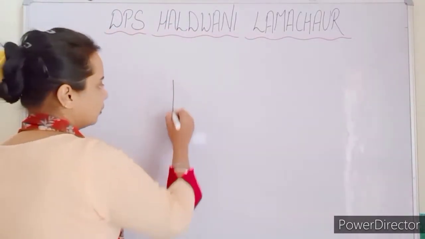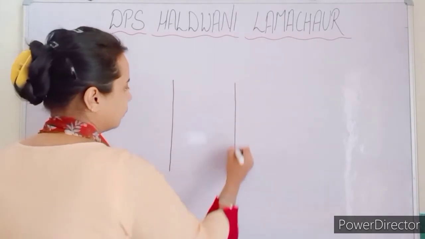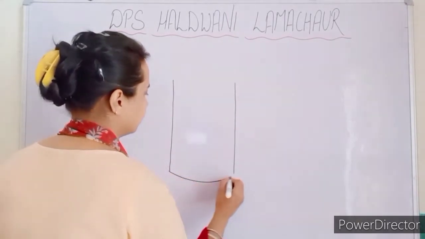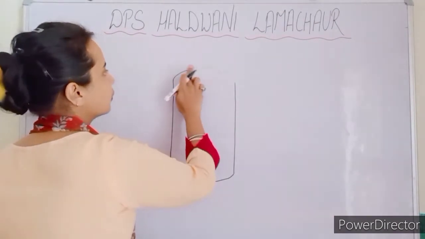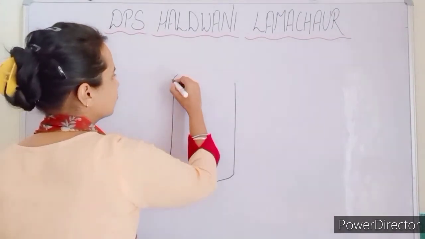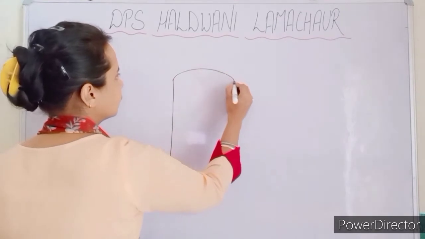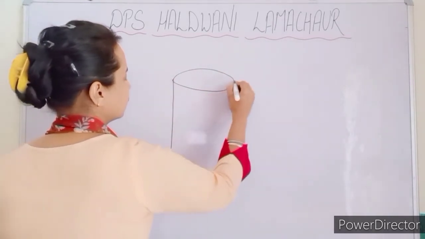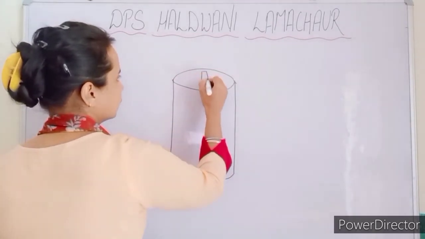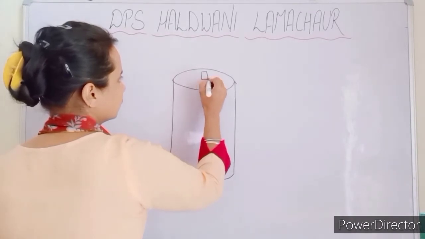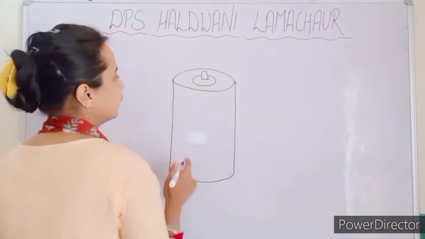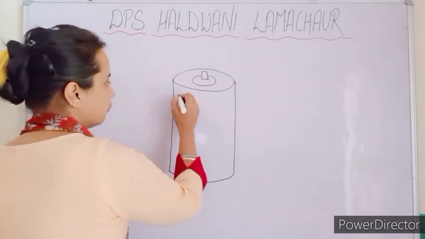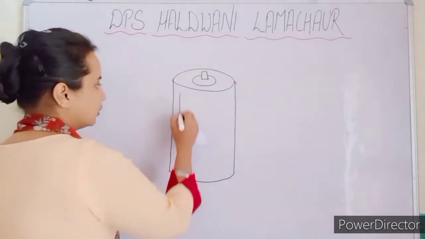So first of all, we'll make a cell. This is a cell, and inside of it, what is there? Let's see that.